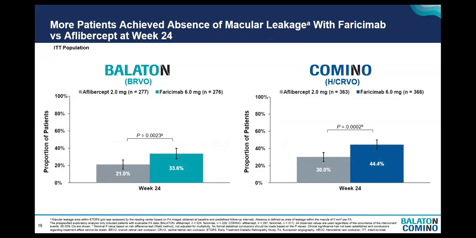There was a study, I think that was the Ruby trial, that looked at aflibercept's role in DME. Aflibercept was compared to an anti-angiopoietin 2, nesvacumab, and these two were compared efficacy-wise. What was found during the fluorescein angiography phase was that as you keep injecting both of these medications, macular leakage was resolving.